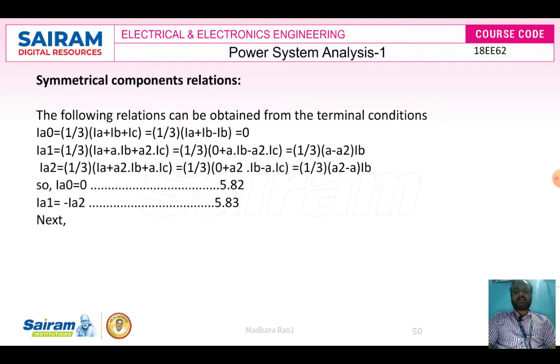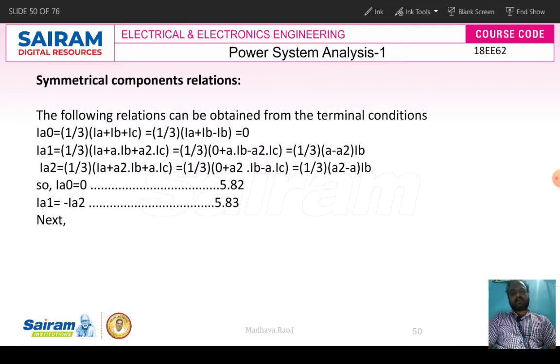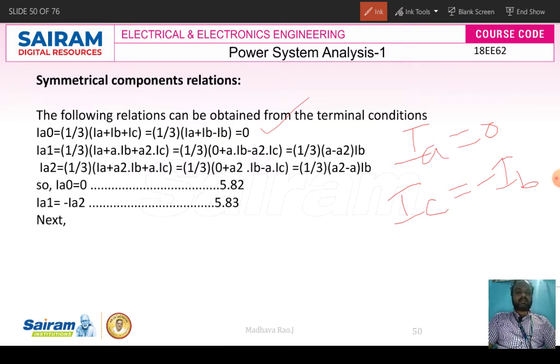According to the terminal conditions, IA is equal to 0 and IC is equal to minus IB. So, if you substitute, you will get IA naught, the 0 sequence current, equal to 0.